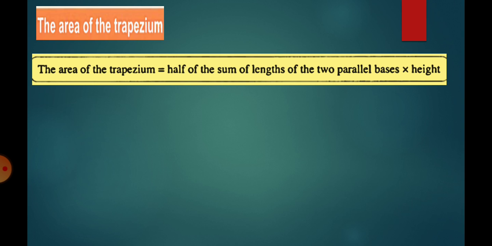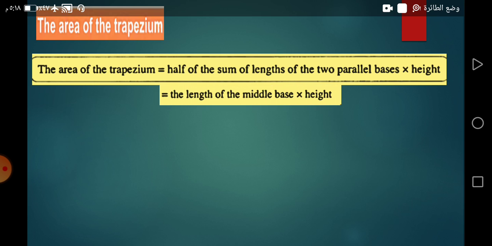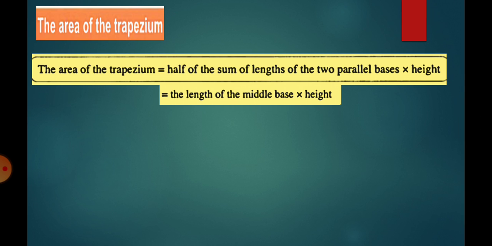Half the sum of the two parallel bases means the length of the middle base, so we can write the area of the trapezium equals the length of the middle base times the height.